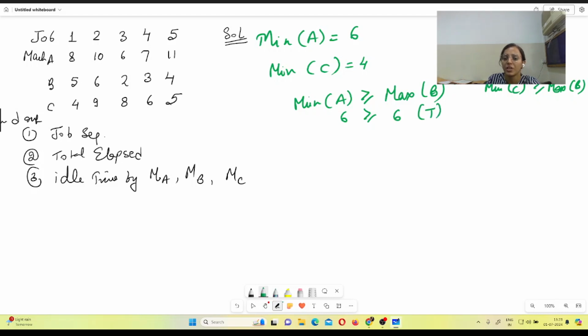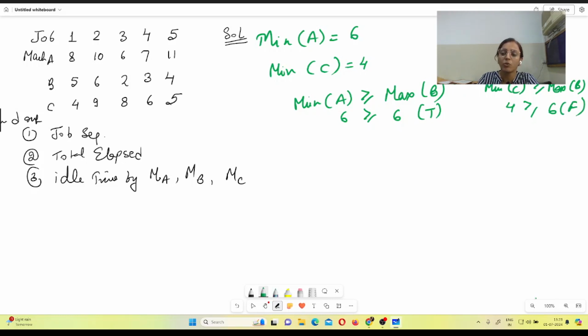The answer is true; the condition is followed. Now the second condition: the minimum value of C is 4, and the maximum value is 6. Here this condition is not followed, so the answer is false.